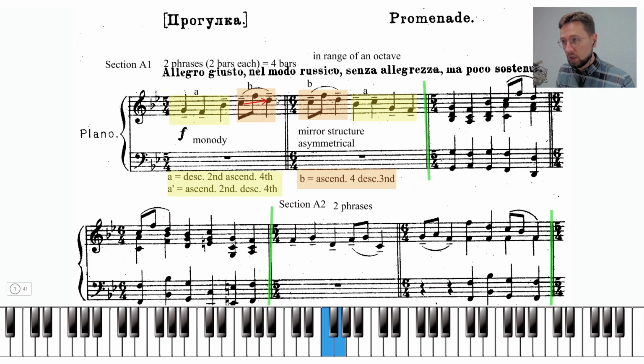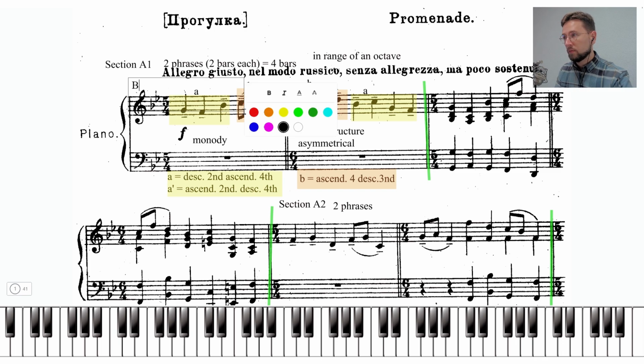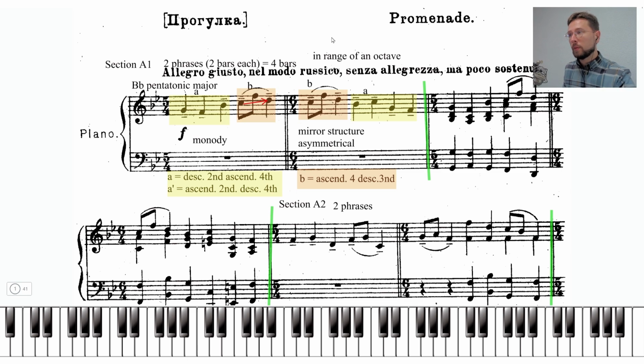It's F, G, B flat, C, D. And that's the pentatonic scale of B flat major. Now, the pentatonic major scale usually is presented with a root, like that. But in this case, we're having it starting on the fifth.